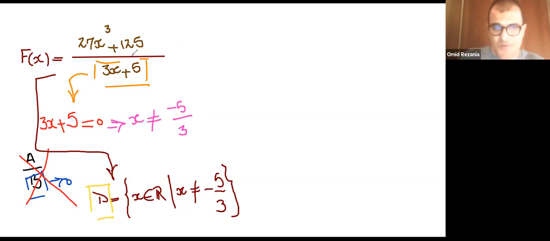The second question which may come to your mind, and still I haven't asked you to do anything with this function, after finding the domain, the points where the function is going to collapse, is to ask yourself whether the denominator is a complete factor of the numerator.